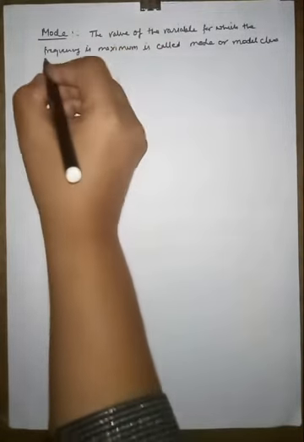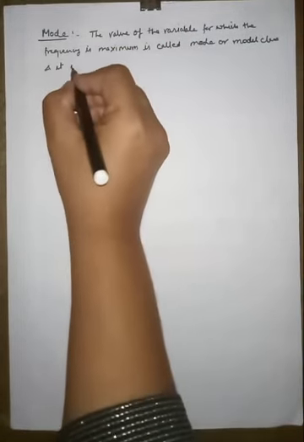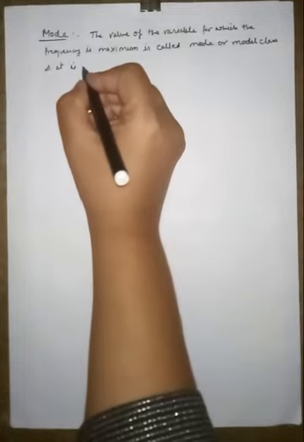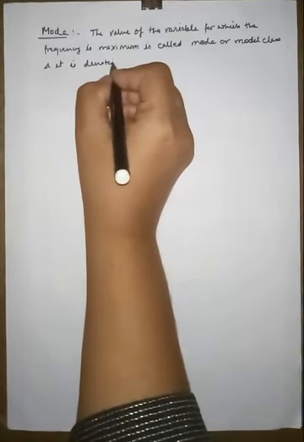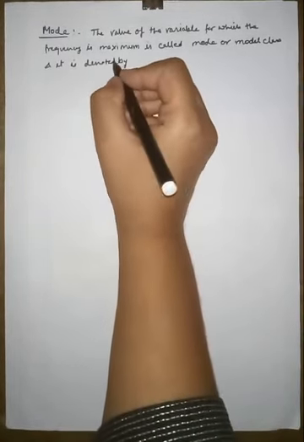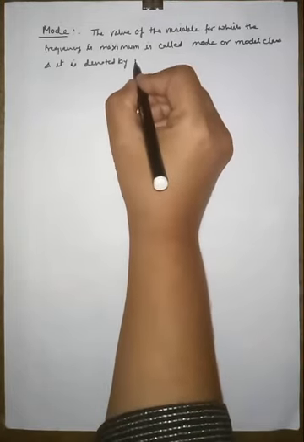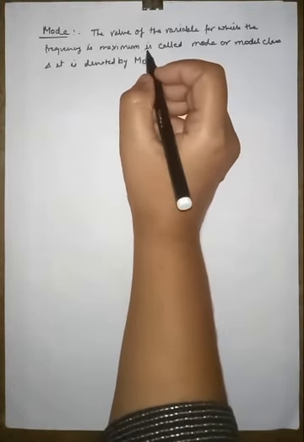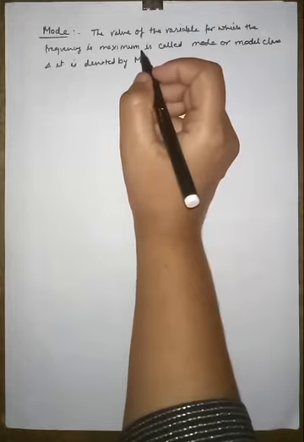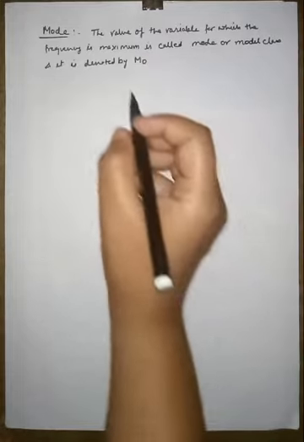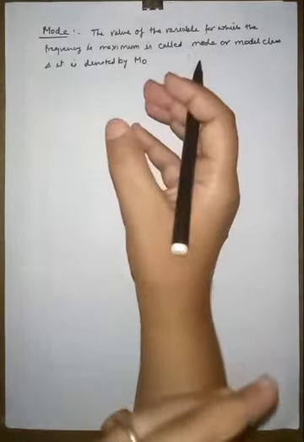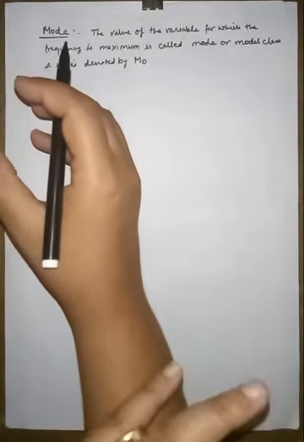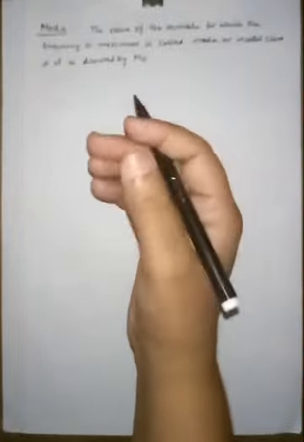And it is denoted by Mo, right friends. So basically the mode is the value of highest frequency occurring in the distribution, known as the mode, right?